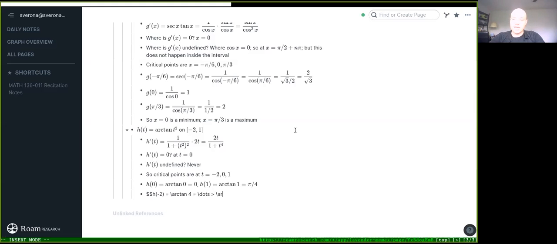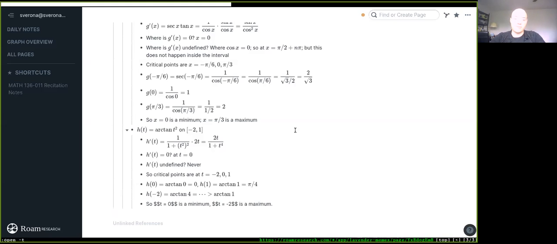So I'm going to say, without any other justification, I don't know what arctan 4 is exactly, but I know it's bigger than arctan 1. And I will check the numbers on that in just a second. So t equals 0 is going to be my minimum, and t equals negative 2 is going to be my maximum.